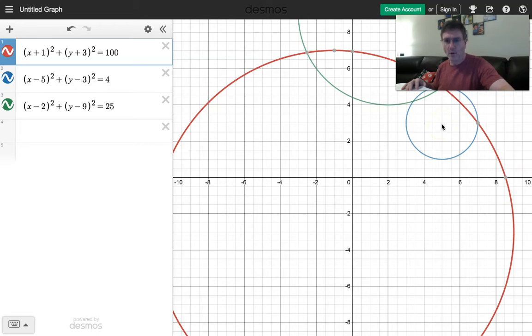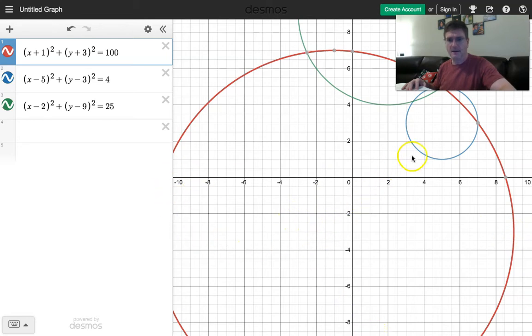What I realized when I graphed the first equation by hand is that I plotted the point -1, -3. Then I plotted the point 10 units up from that, which gave me this point here, -1, 7. Then I went 10 units to the right, and 10 units to the left, 10 units down.